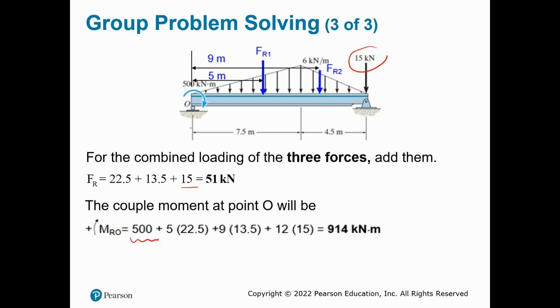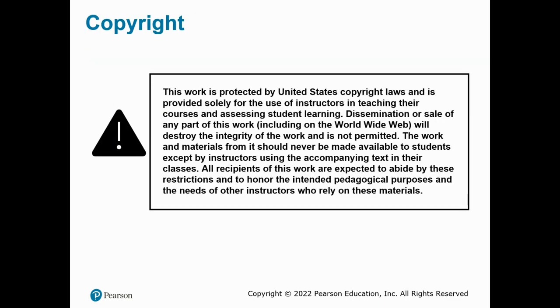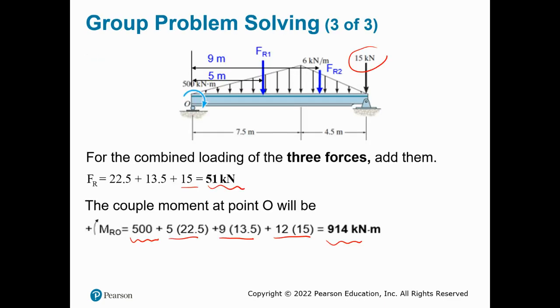So that moment is at point O, and we have moment 1, moment 2, and then the moment generated by that 15 kilonewton. Together, I got this much moment and this much force. If I know the overall force and the overall moment, we can find the location. Well, that location is not written.